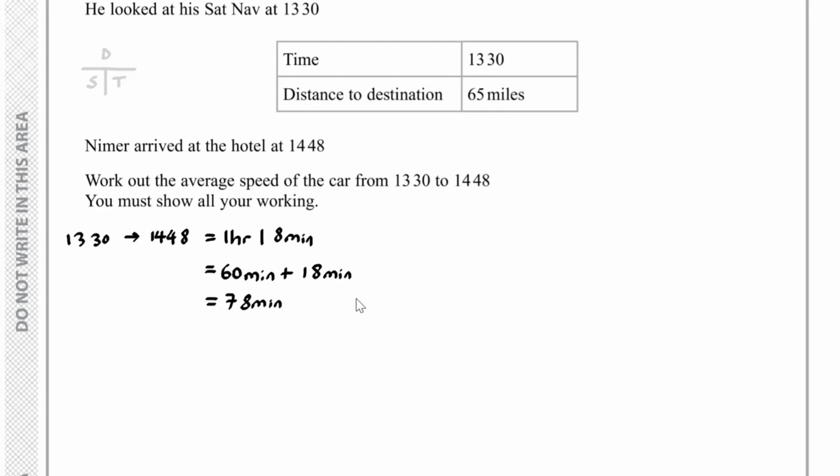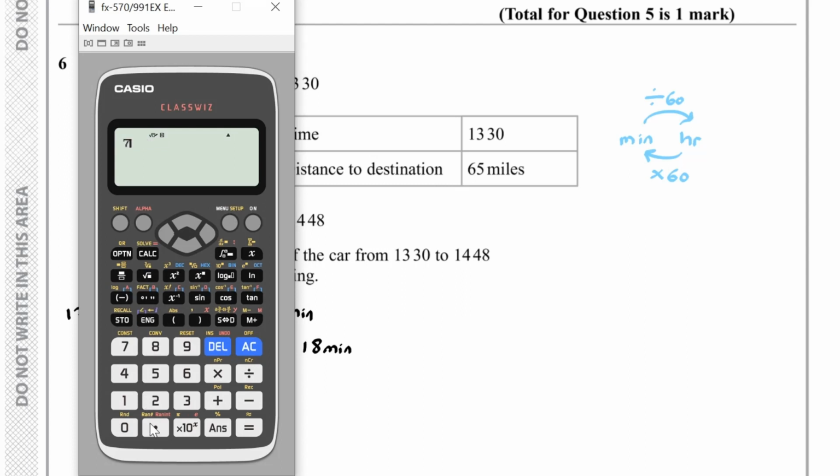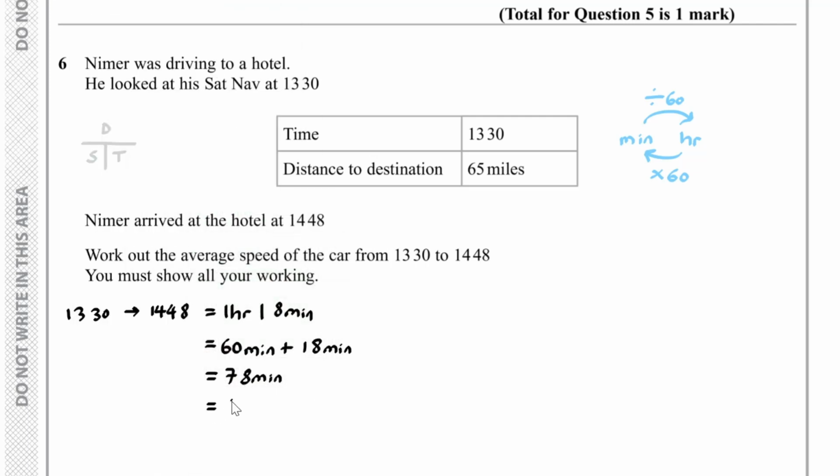And the reason I put this into minutes first is because to go from minutes to hours, we would have to divide by 60. Hours to minutes, we would have to multiply by 60. So if we divide 78 by 60, it turns out we get 1.3. So it takes him 1.3 hours to drive 65 miles.